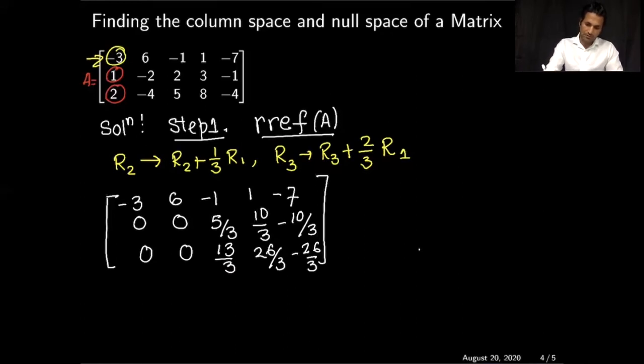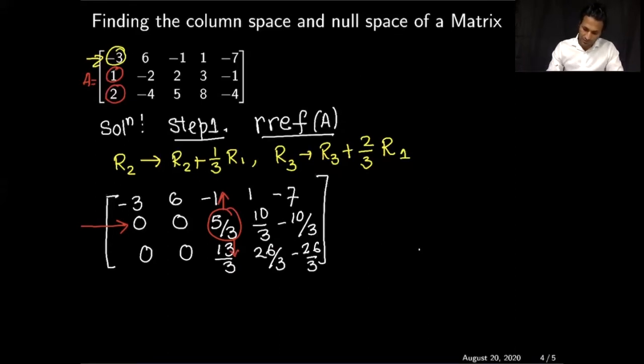Then we will calculate the second pivot. The second pivot is the first non-zero entry in the second row, which is 5/3. So I will eliminate the entries above and below, all the entries which are above the pivot and below the pivot.